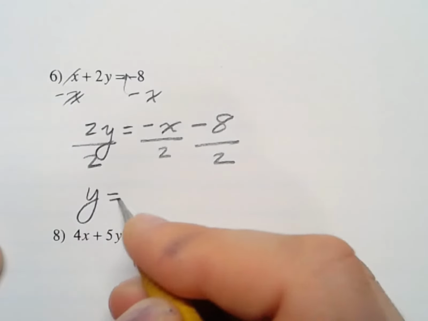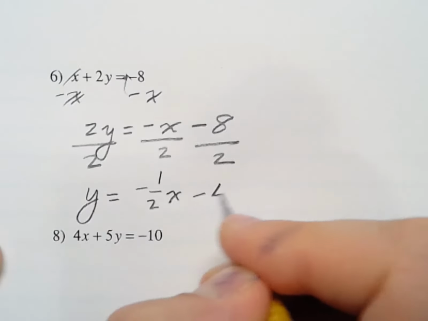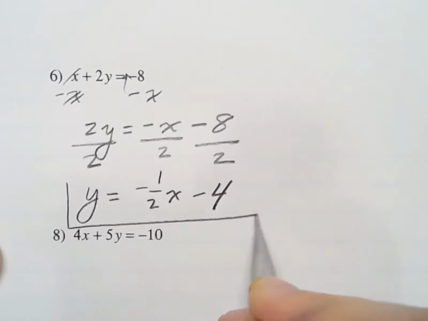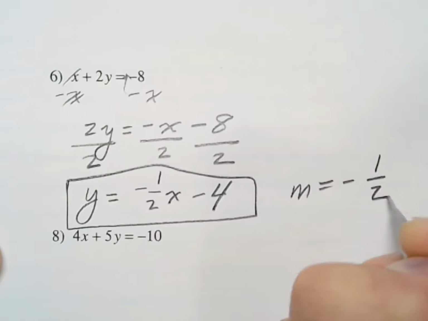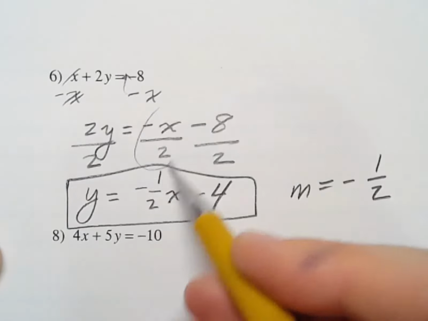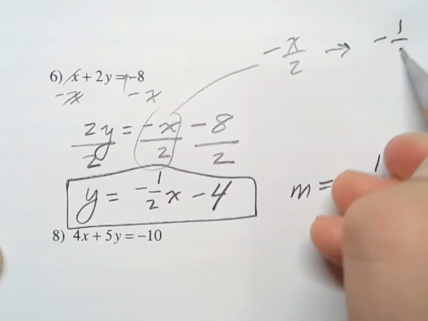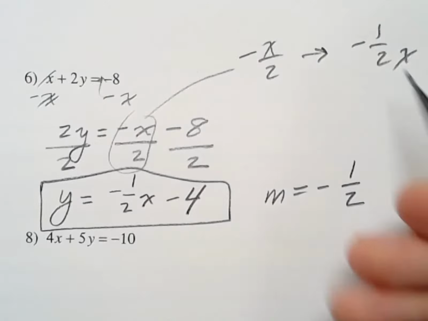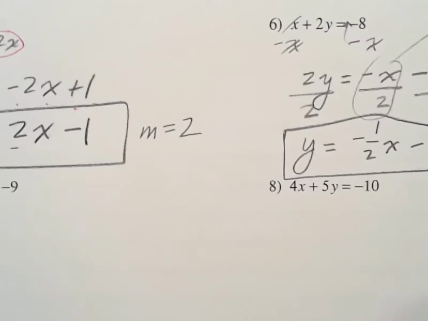So we have y equals negative 1/2 x minus 4. There's my slope-intercept form, and so my m is negative 1/2. Notice that for this term, it's negative x over 2, but I just rewrote it as negative 1/2 x, just to get the coefficient out there, because that turns out to be the slope that I want.